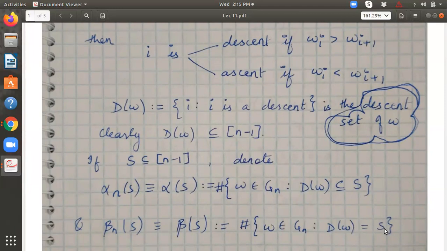Which sum? The sum of all the beta for each of the subsets. So basically you keep on varying the S in your beta S, and that's how you collect all these beta S's for your alpha S.